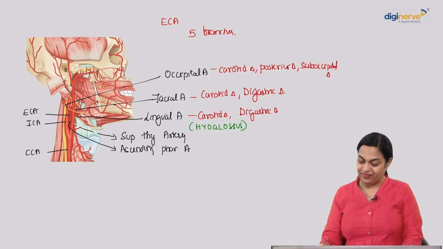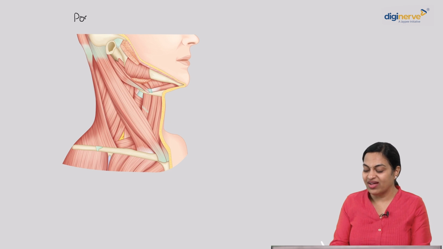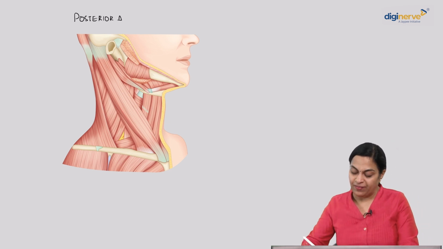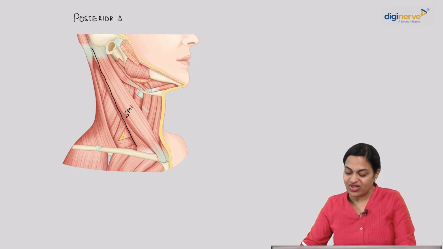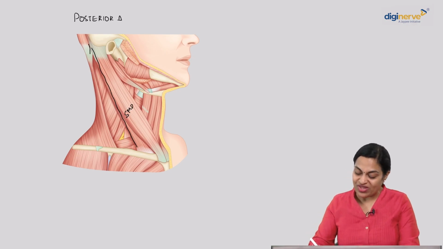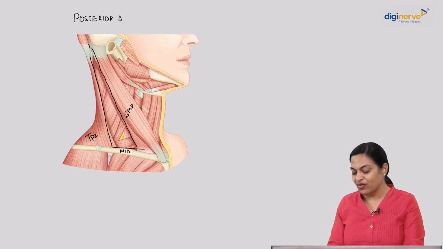Okay, yes. So let's now move on to the next important topic, posterior triangle of the neck. Yes, you can tell me what are the boundaries. Anteriorly, it is bounded by the posterior border of sternocleidomastoid, posteriorly by the anterior border of trapezius, and below by the middle 1/3 of the clavicle, isn't it?